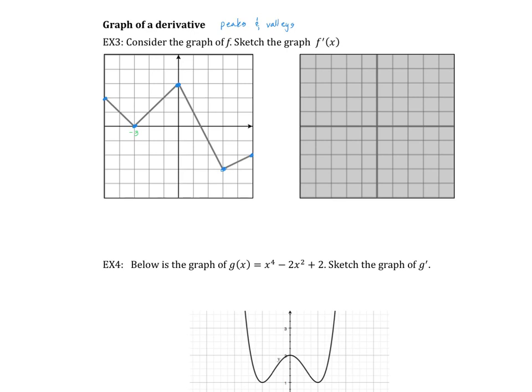And this would be -5. From x equal to -5 to x equal to -3, remember the derivative is a slope. So if you think about any point here in between the -5 and the -3, and you draw a tangent line, then the slope at that point would be -1.